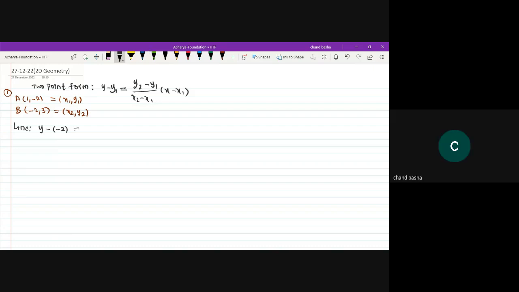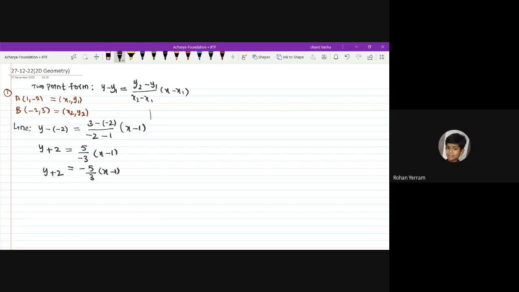Y minus y1 is equal to y2, that is 3, minus y1 value minus 2, divided by x2 value minus 2 minus x1 value 1, into x minus x1 value 1. So y minus of minus 2, that is plus 2, is equal to 3 plus 2, that is 5, divided by minus 3, into x minus 1. So this is equal to minus 5 by 3 into x minus 1, and the left hand side value is y plus 2.